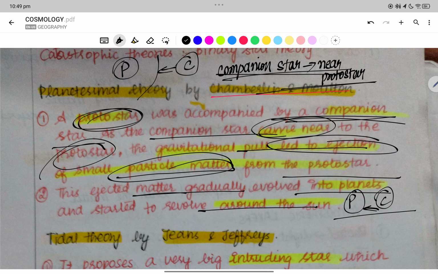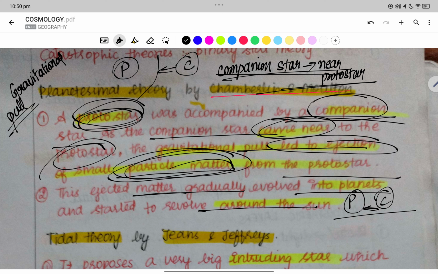This has led to a gravitational pull between the protostar and the companion star.